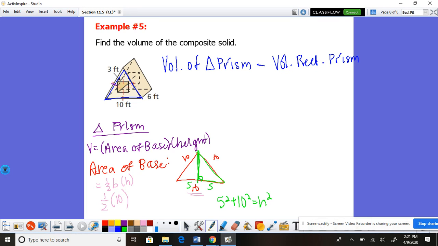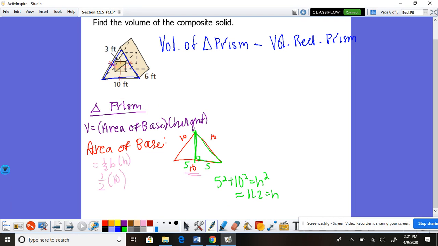So we would get roughly 11.2 equals h. Okay, so this is 11.2. Okay, so the area of the base then, guys, when we plug it in, 1/2 times 10 times 11.2, this is roughly 56, but that's just the area of the base.